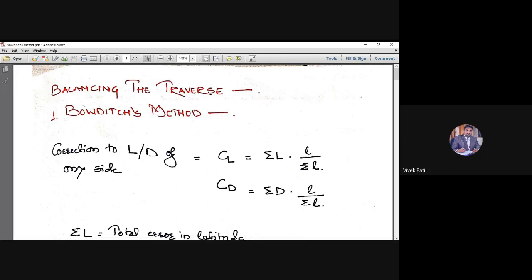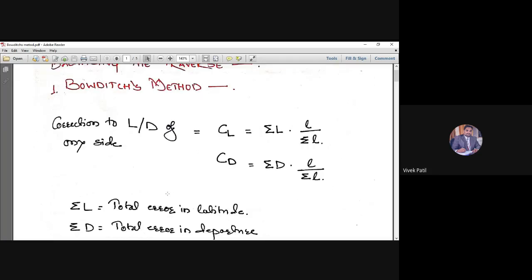The Bowditch method is given by the correction for the latitude. L is the latitude and D is the departure in the equation. The correction to the latitude or departure of any side is given by: correction for latitude equals summation of latitude into L divided by summation of L, and correction for departure equals summation of departure into L divided by summation of L. What is summation of L?